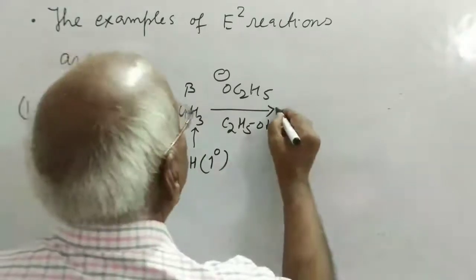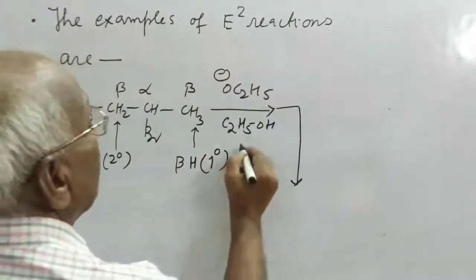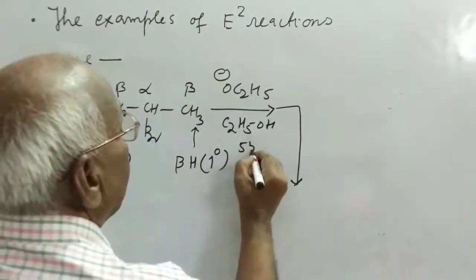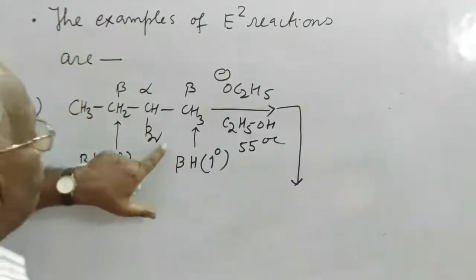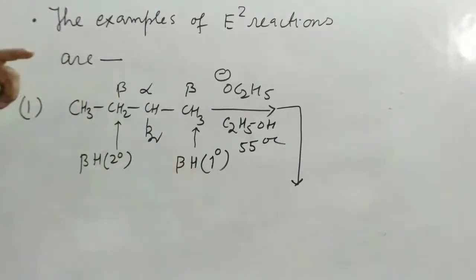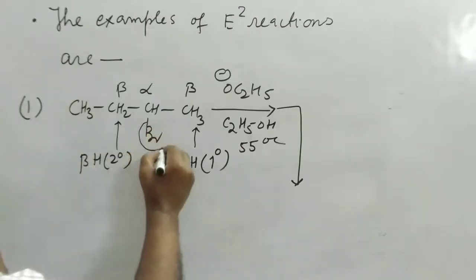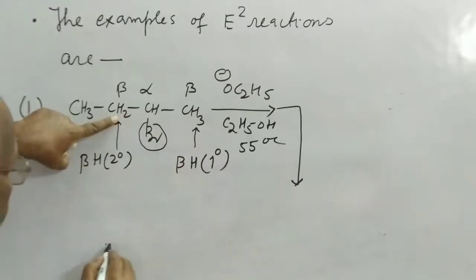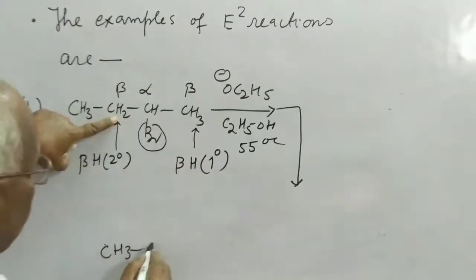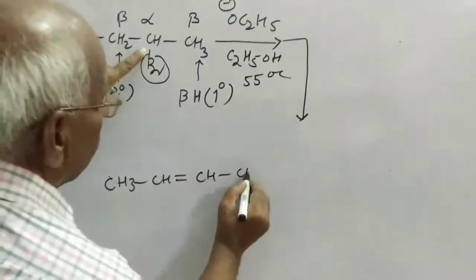Now see the product. Temperature range is 55 degrees Celsius. In first case, I consider the loss of the bromine atom and this hydrogen atom. So the result will be CH3CH=CHCH3.